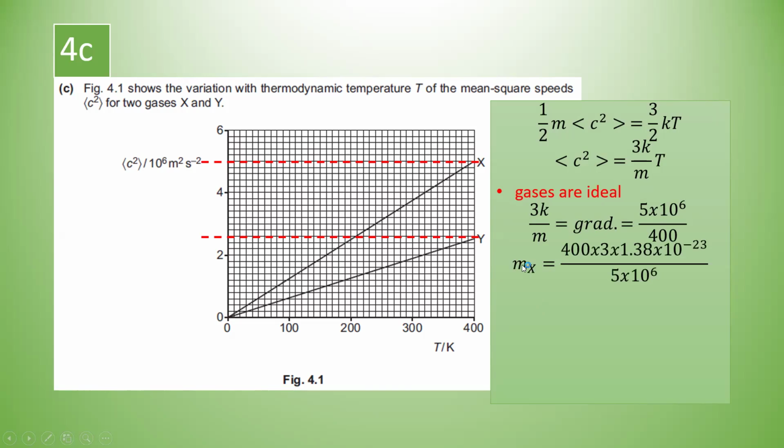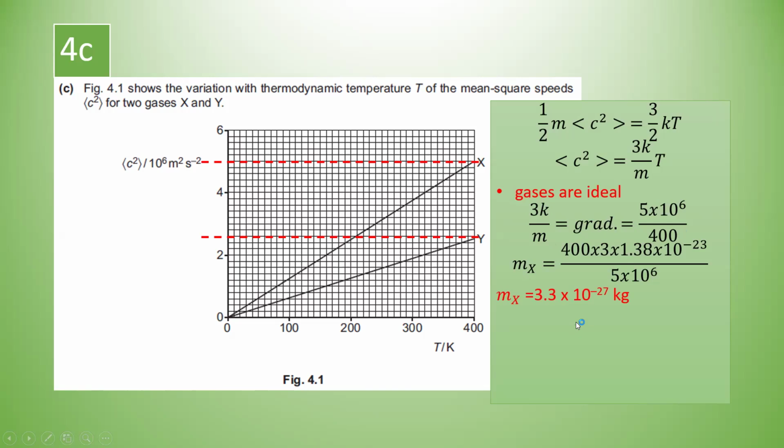So gradient for mass of mx, you calculate for X. Take that across there, take this one down, take this one across there. There's your K value. There's your 3. There's your 400. So you get 3.3 times 10 to the power minus 27.